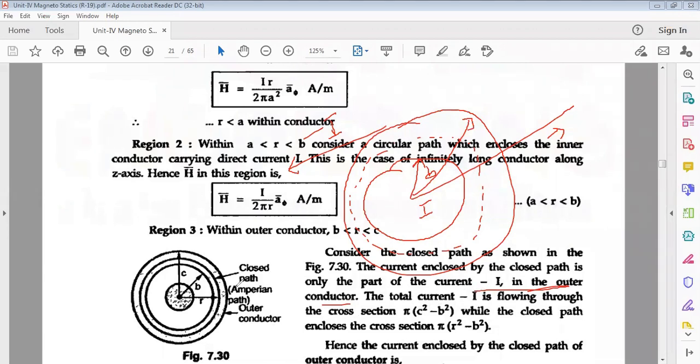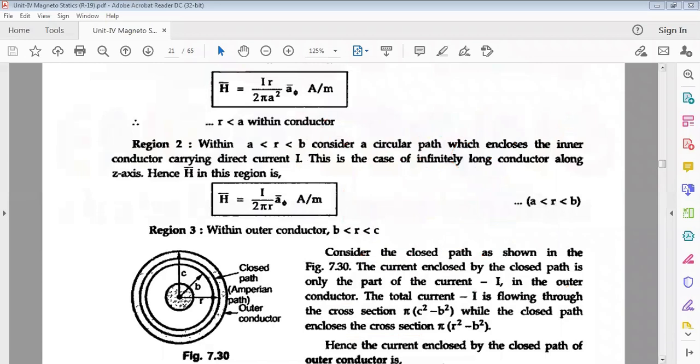The closed path encloses the cross section pi into r square minus b square.